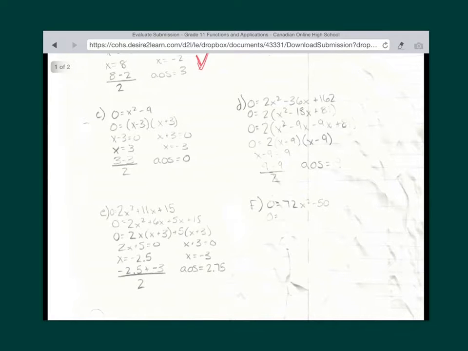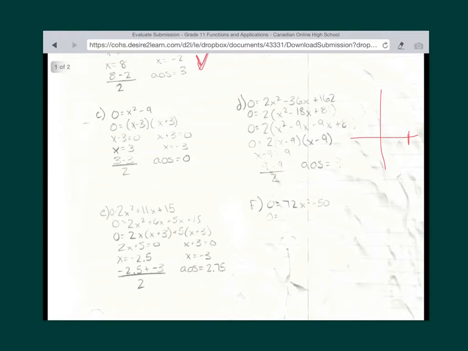And D is good. You picked up that there is a common factor there, and you factored that out as a perfect square trinomial. So in this case, what's going to happen is you end up with 2 roots, but they're both the same. So x equals 9 is the only point where this parabola is going to touch the graph.